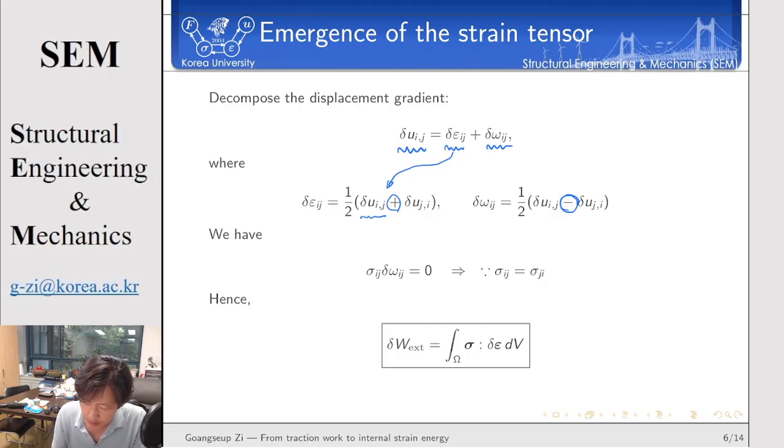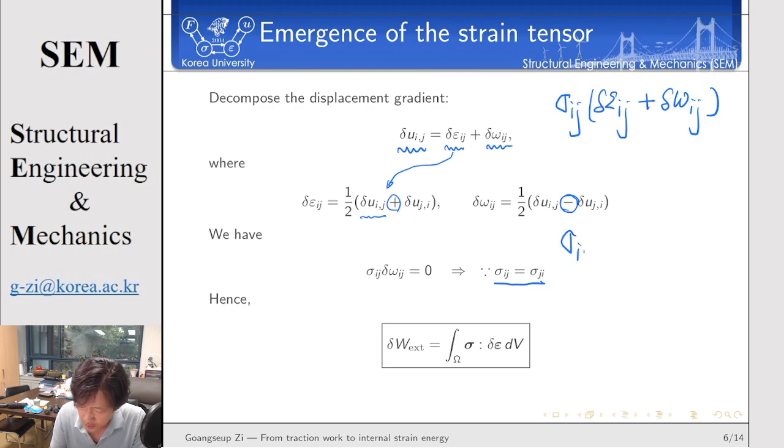Look at that. Here the stress tensor is symmetric, sigma ij is equal to sigma ji. So we count sigma ij times delta epsilon ij plus delta omega ij. Omega ij is anti-symmetric, but now I want to look at sigma ij delta omega ij.